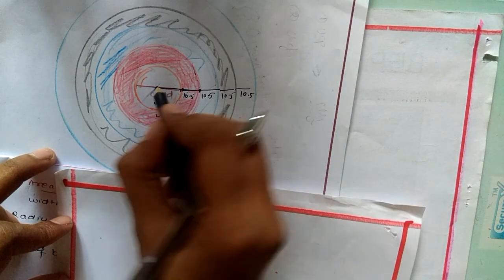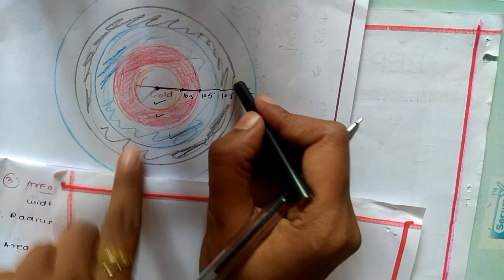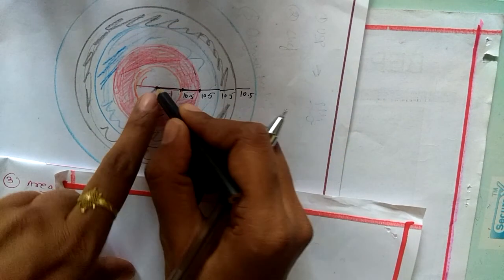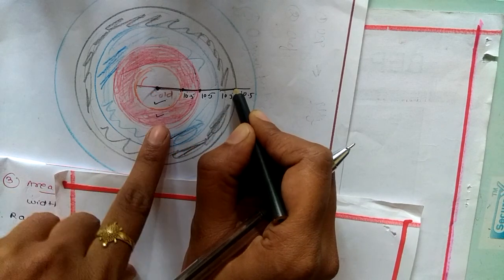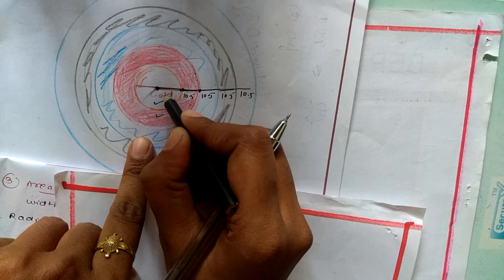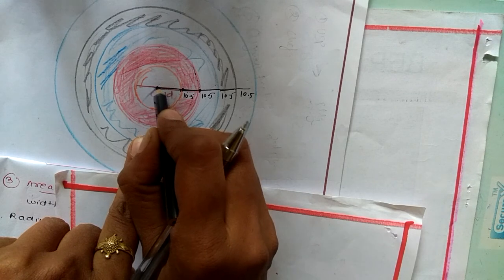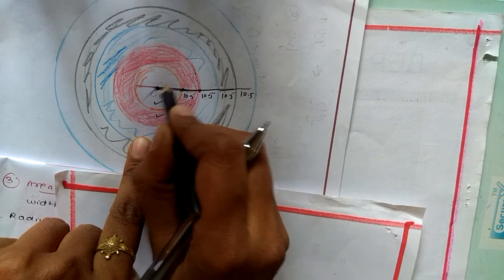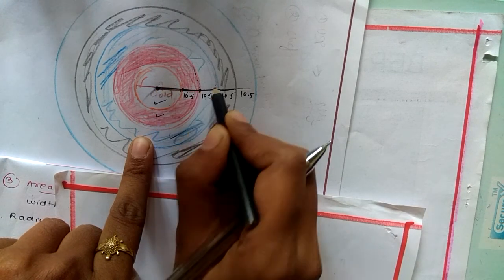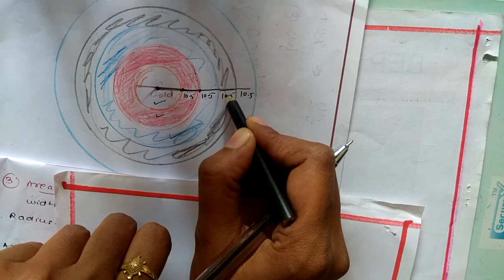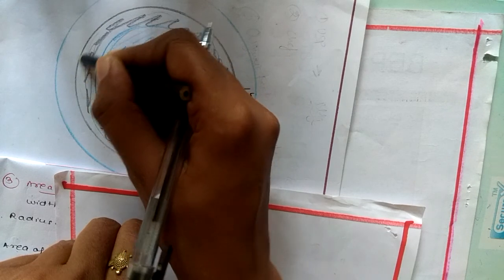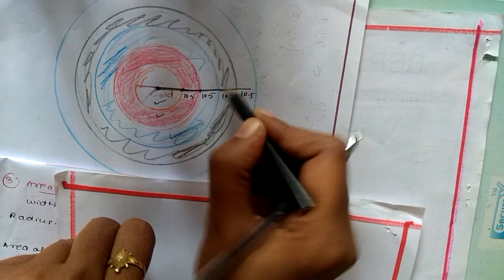So first we have to find out the area of this black circle from the center. So this radius you have to find out. Here we got 10.5, because the radius of the gold is 21 divided by 2, that is 10.5, 10.5, 10.5 and 10.5. 1, 2, 3, 4. 4 into 10.5 if you do, you will get the radius of the black circle.